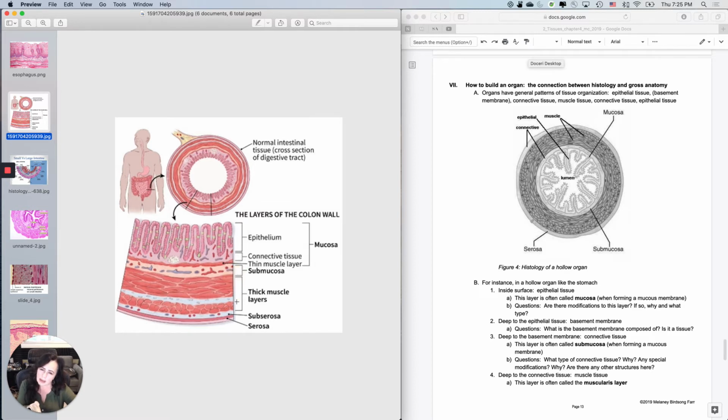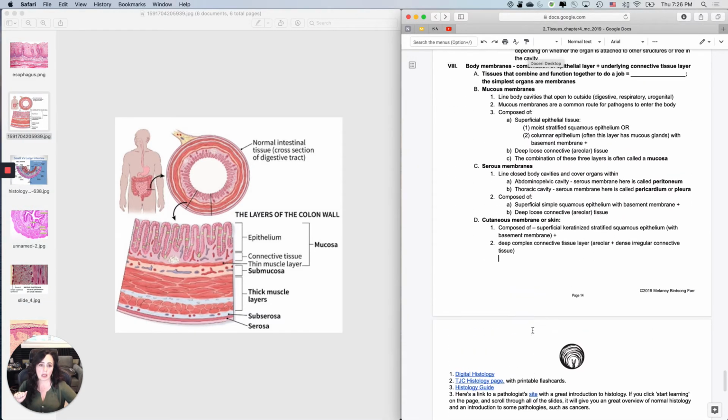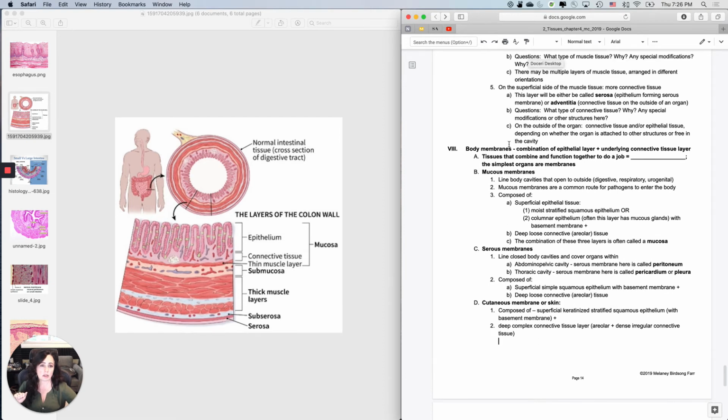And then you may have a thin or a thick muscular layer, and if it's thin, maybe it's moving liquids, and if it's thick, maybe it's moving solids. And then on the outside, you will either have a serous membrane.